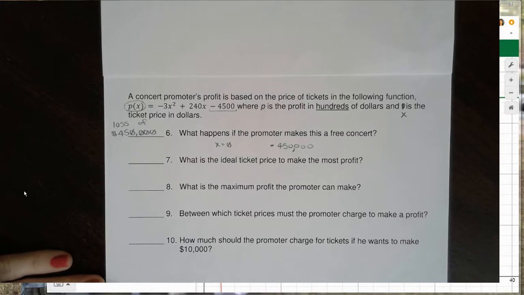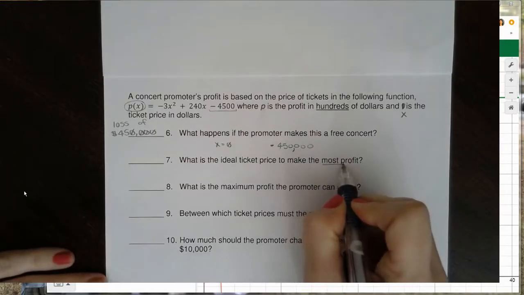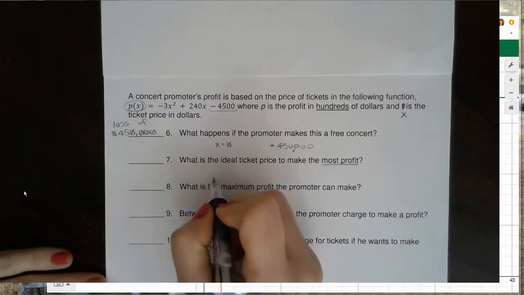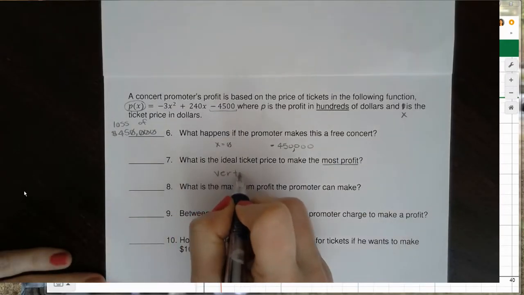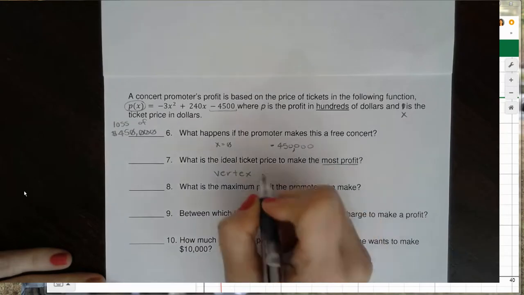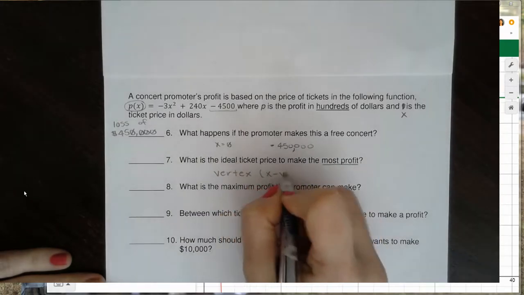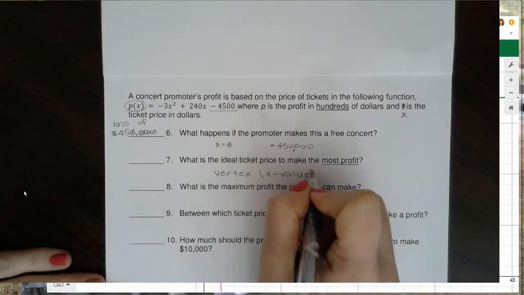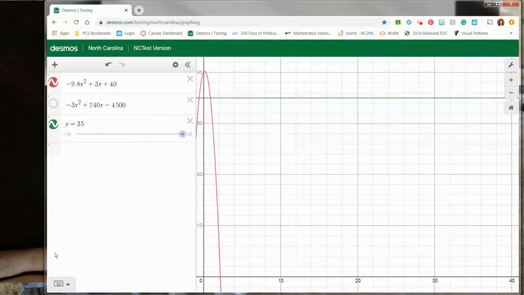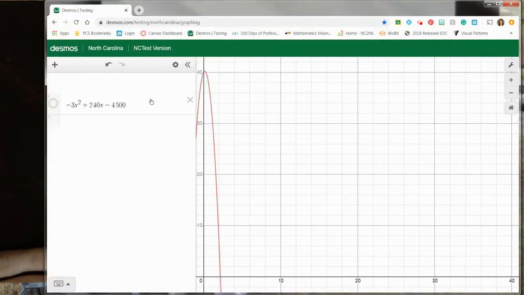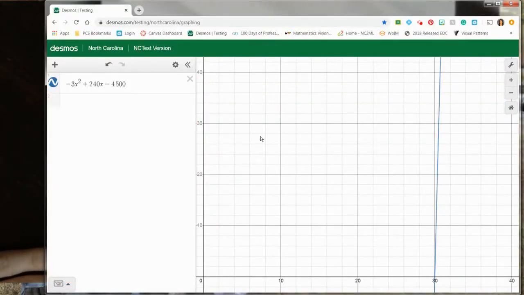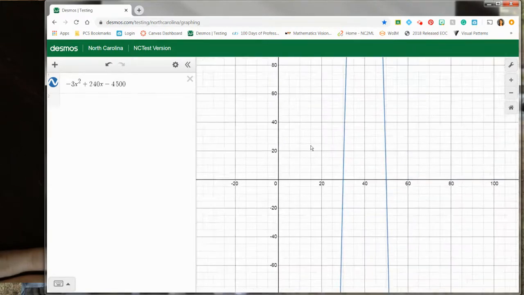So the ideal ticket price to make the most profit, since we're talking about most profit, I know I'm going to have to deal with my vertex, but I want my X value. So I'm going to come back over here. I'm going to get rid of our diver question, and I'm going to turn on our profit equation.